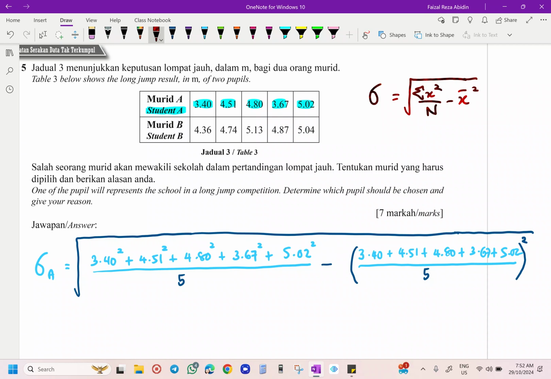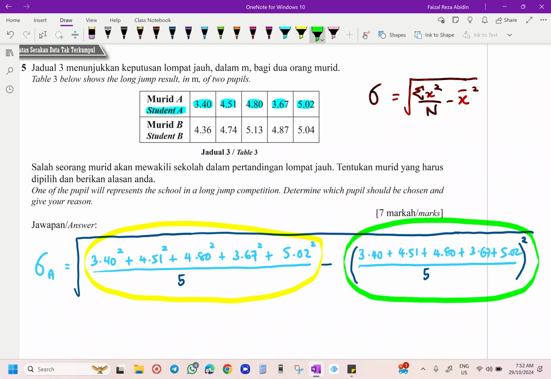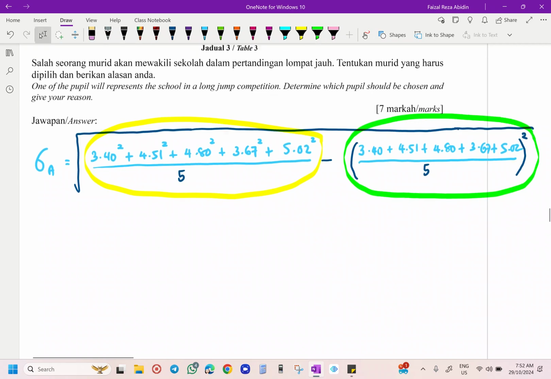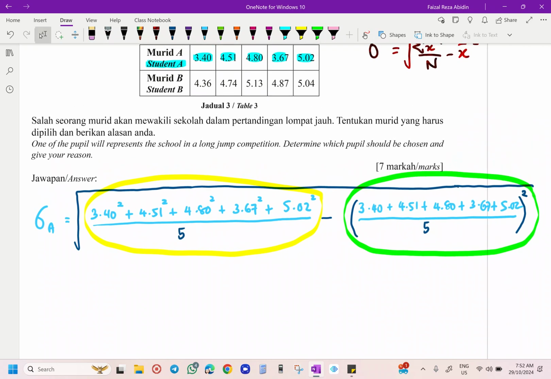Find for me the first part, then the second part. Find them separately, because I'm afraid you may make mistakes if you key everything into your calculator straight away.